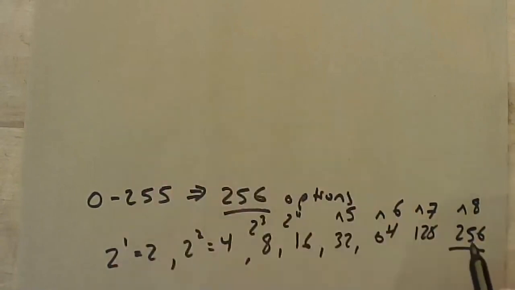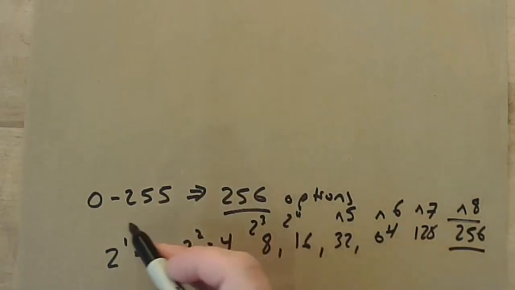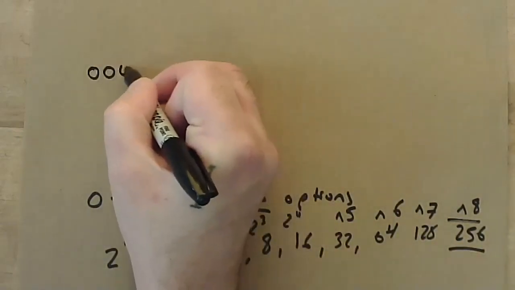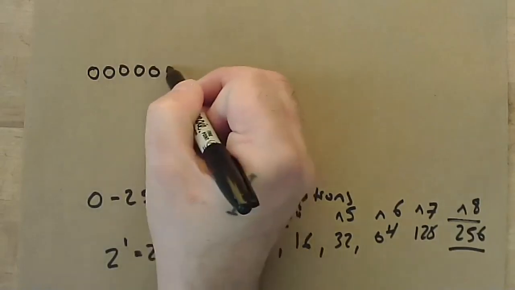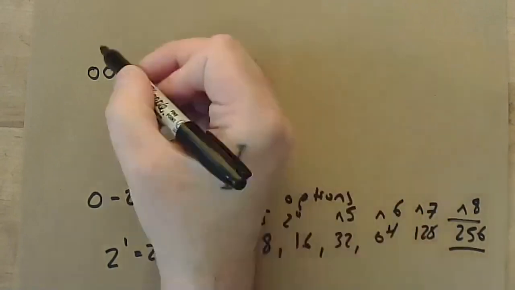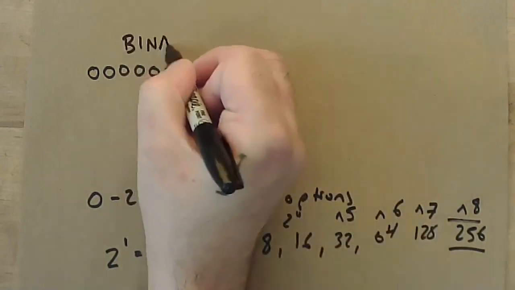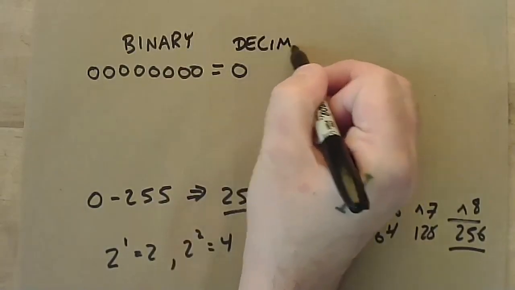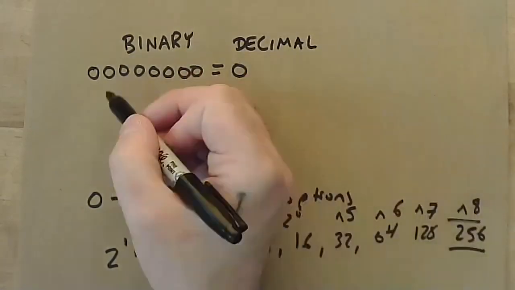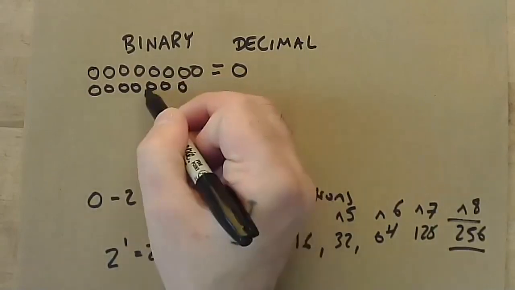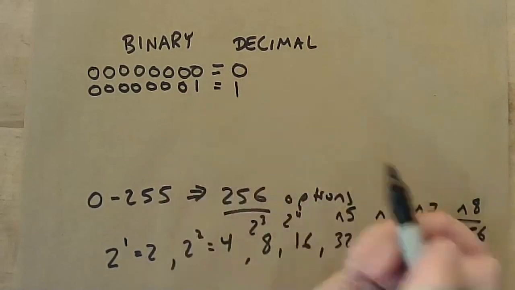That means that in a number that is 8 binary digits long, we can represent any number between 0 and 255. So 0, 0, 0, 0, 0, 0, 0, 0 equals 0 in binary over here and decimal over here. 0, 0, 0, 0, 0, 0, 0, 1 is 1.